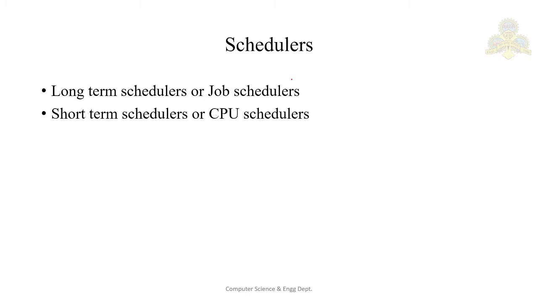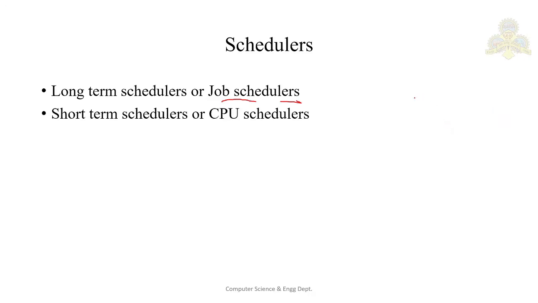So the long-term scheduler comes into the picture, or as the name suggests, the job scheduler. It selects a process, or multiple processes, from that job pool or job queue and loads them into the memory for execution.